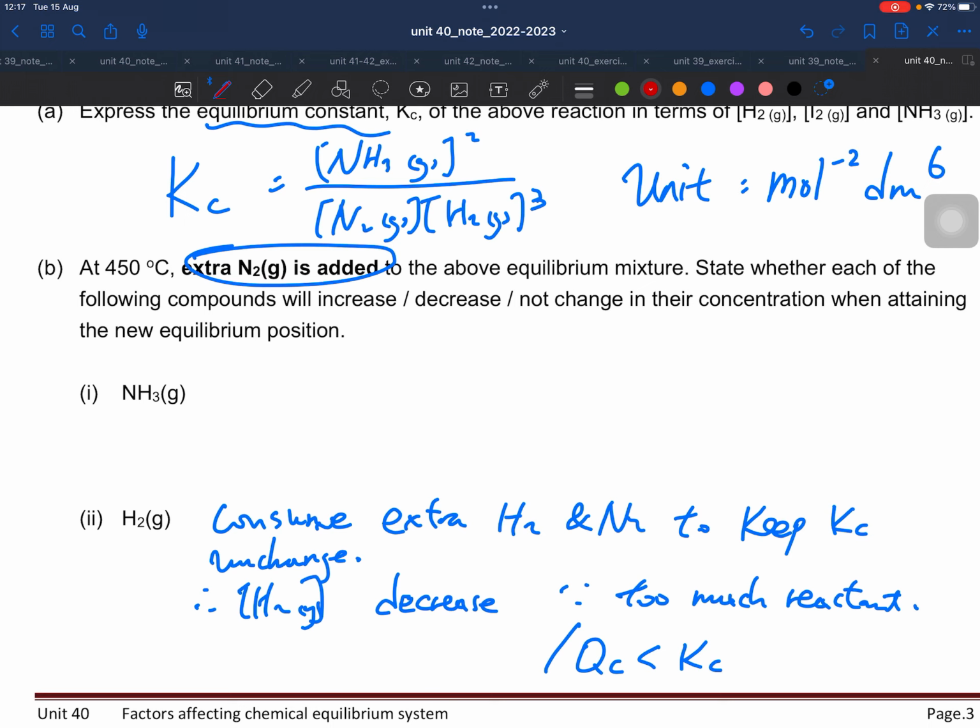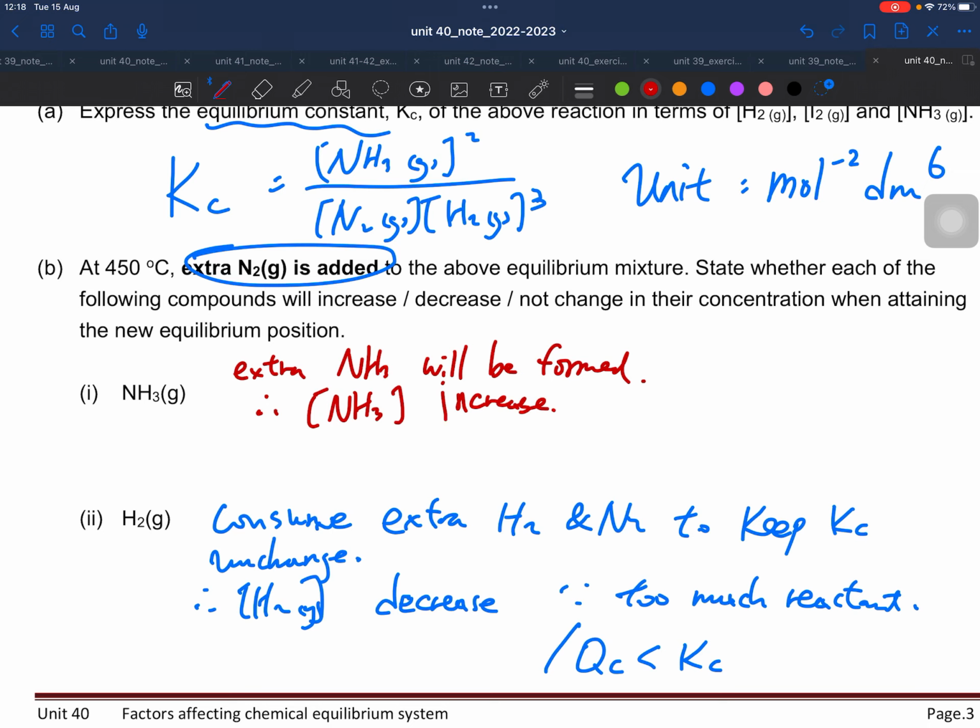While for NH3, extra NH3 will be formed, so the concentration of NH3 will increase in order to keep the value of Kc constant.